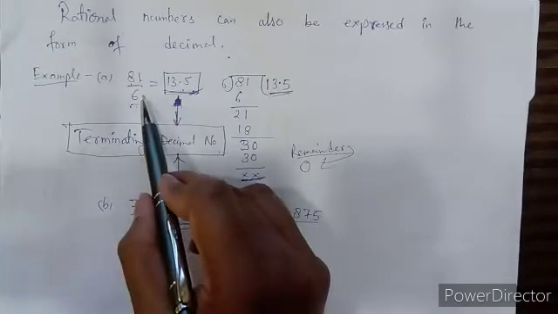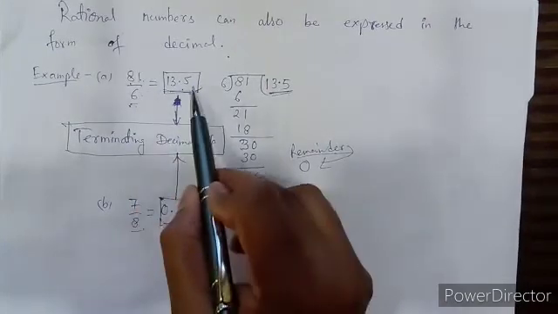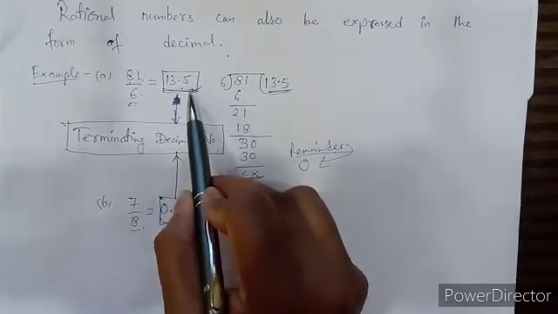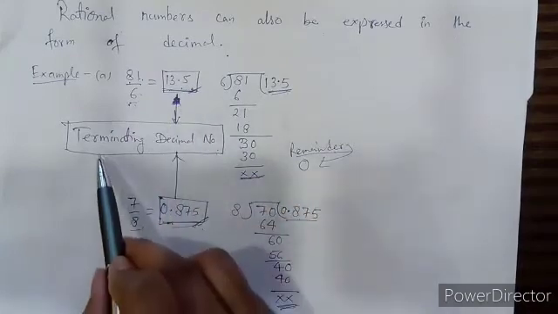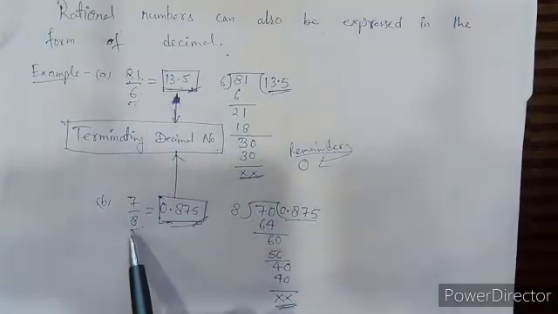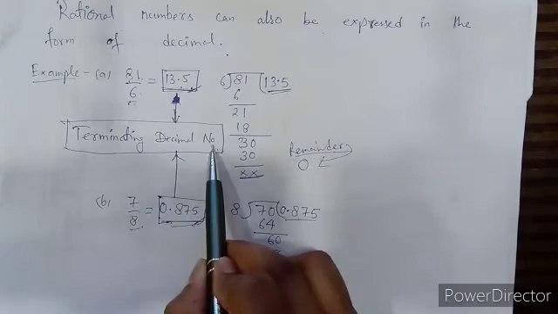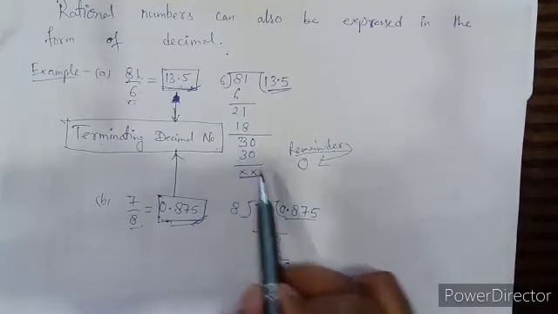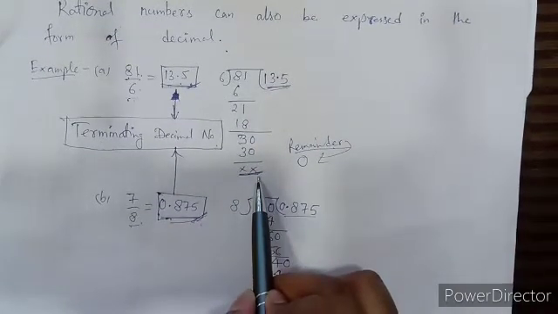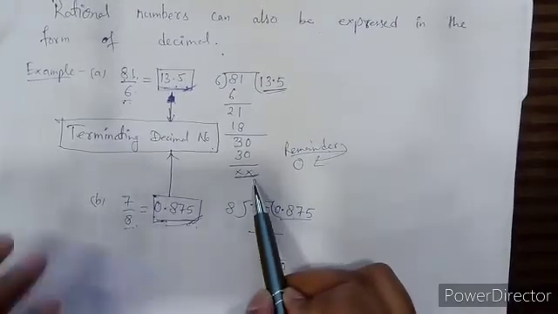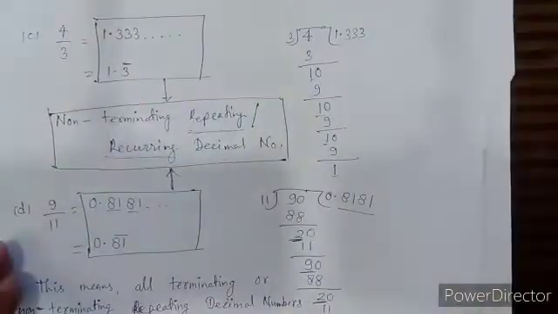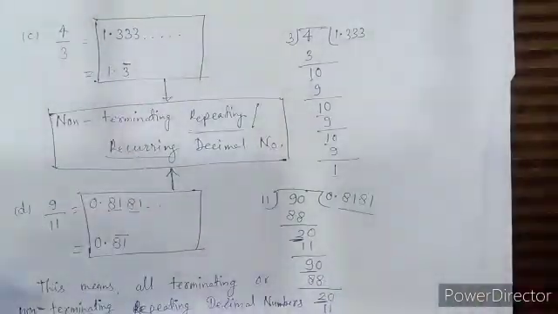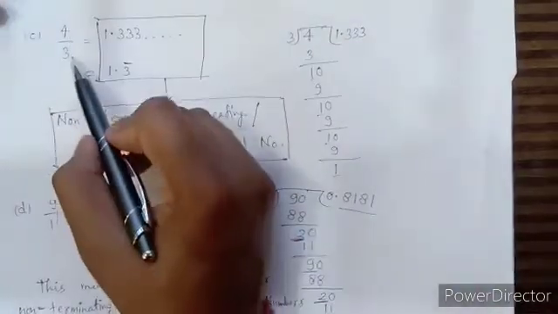then such numbers are known as terminating decimal numbers. Since we have written the value of p by q in decimal form, such numbers are known as terminating decimal numbers, because the remainder is 0. Now, another type of example: 4 by 3.